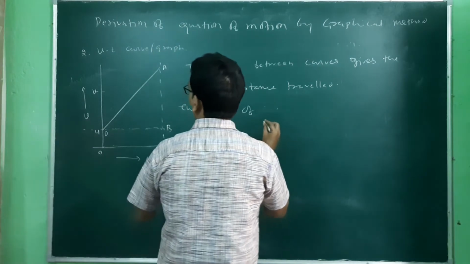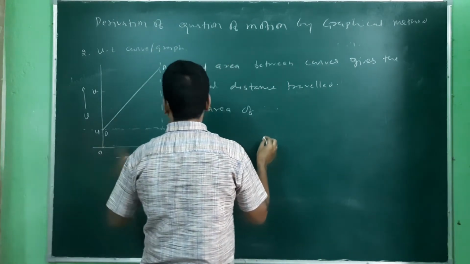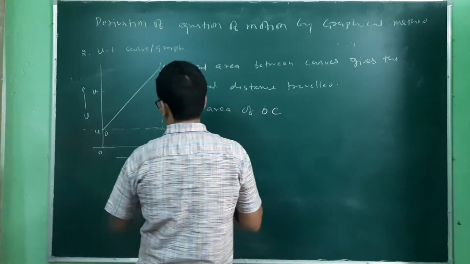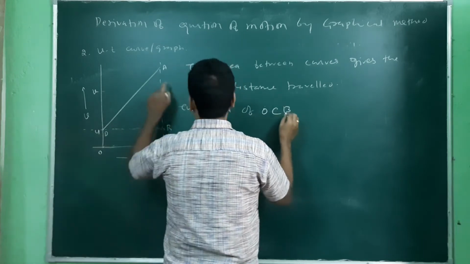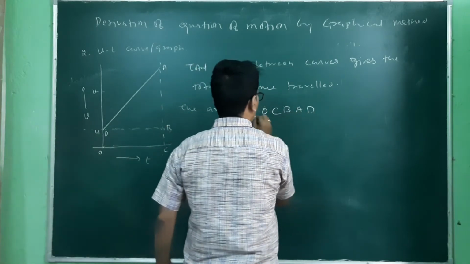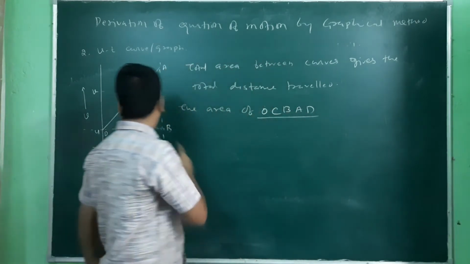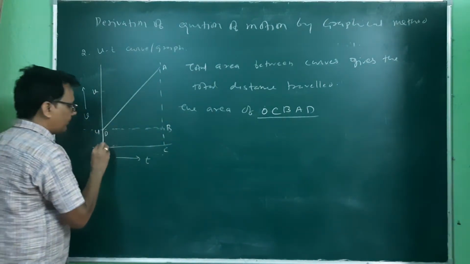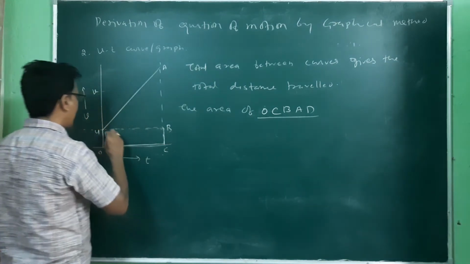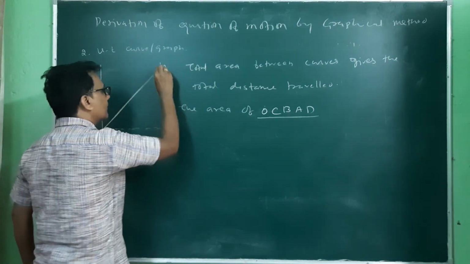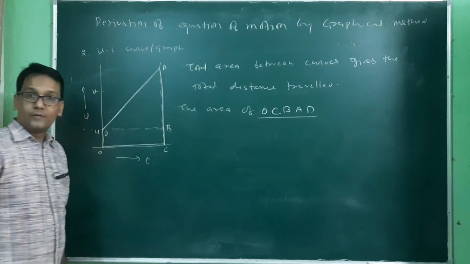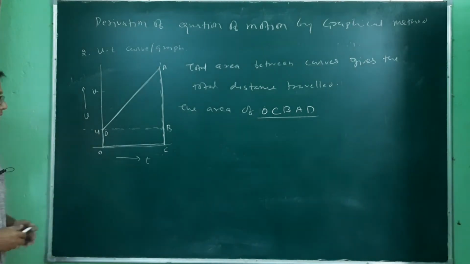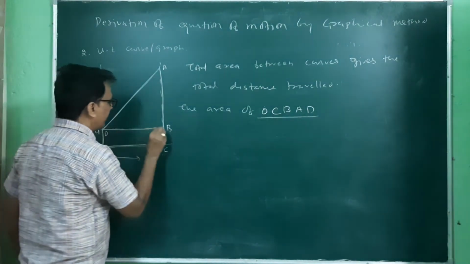What is this shape? What do you call this shape? Trapezium. So you can calculate the area.